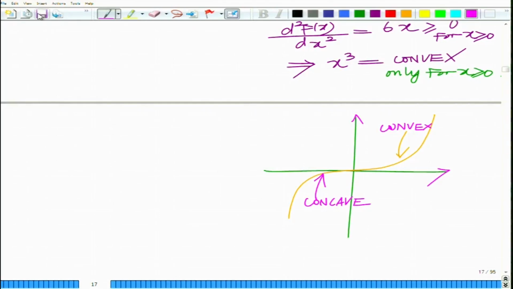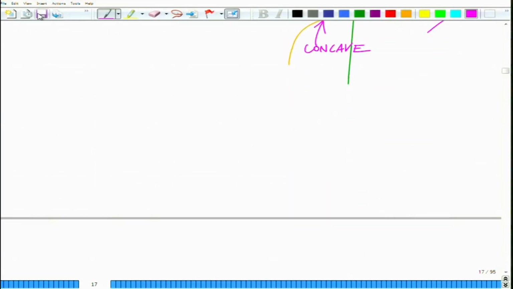concave functions? We have to test for the convexity of the negative of that function, correct. So, let us consider again our classic example for concave functions, that is the natural logarithm of x. Now, minus f of x equals minus ln of x.